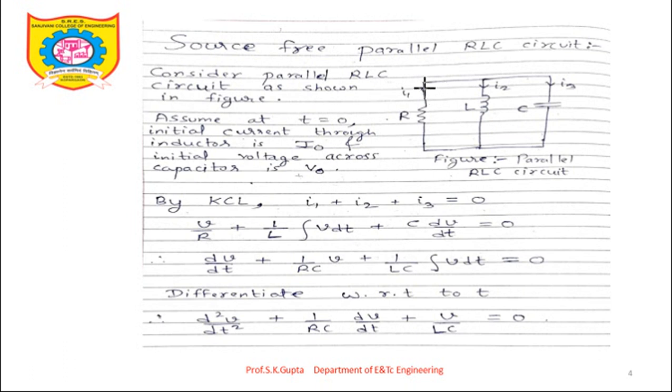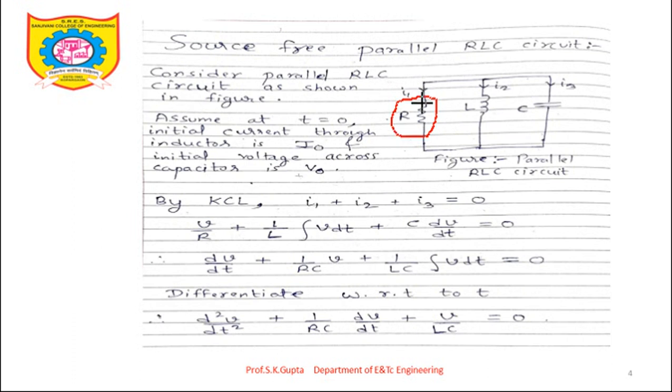By KCL, sum of leaving currents equal to 0, so I1 plus I2 plus I3 equal to 0. Now current through resistor is V by R, and one more observation: whatever is the voltage drop across R, the same is the voltage drop across L and across C, because these are connected in parallel.